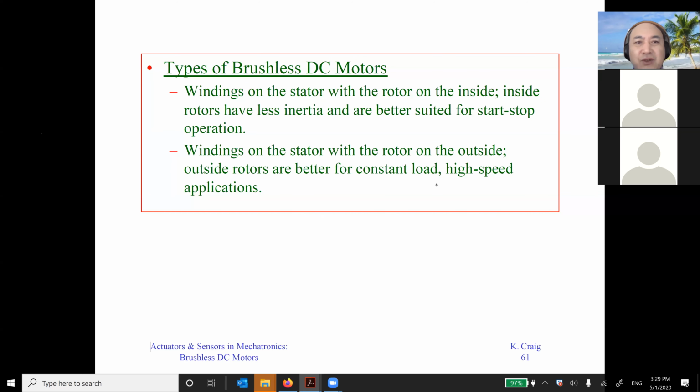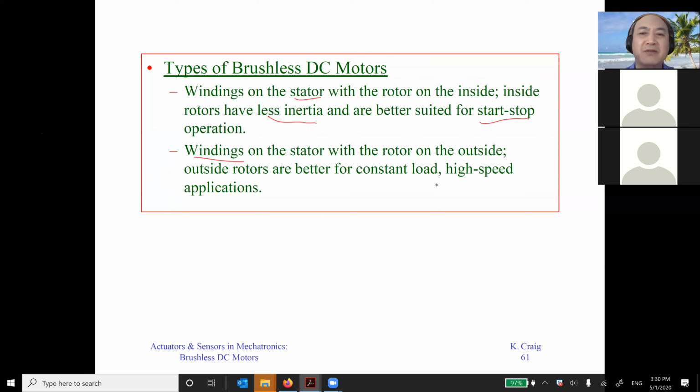So there are two types. One is called windings on a stator, with the rotor inside, which has less inertia, so it's for start-stop operation. There's another type, called windings on a stator with a rotor on the outside. So the rotor is outside.